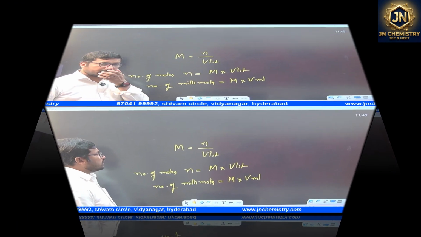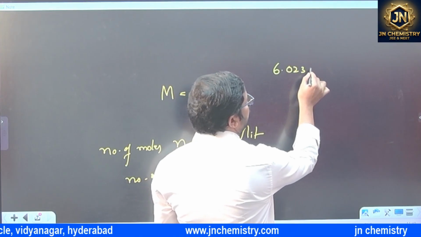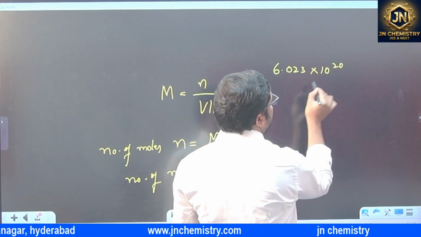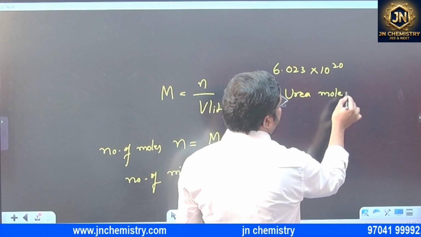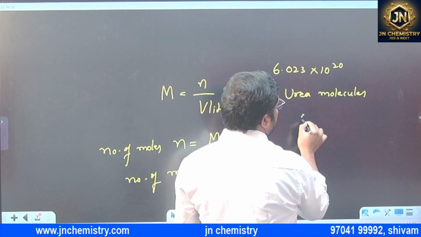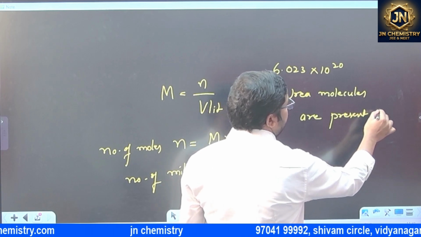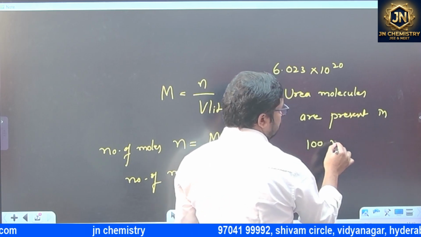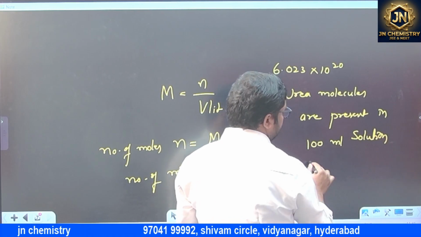Millimoles, number of moles. For example, write a question: 6.023 into 10 to the power of 20 urea molecules are present in 100 ml solution.